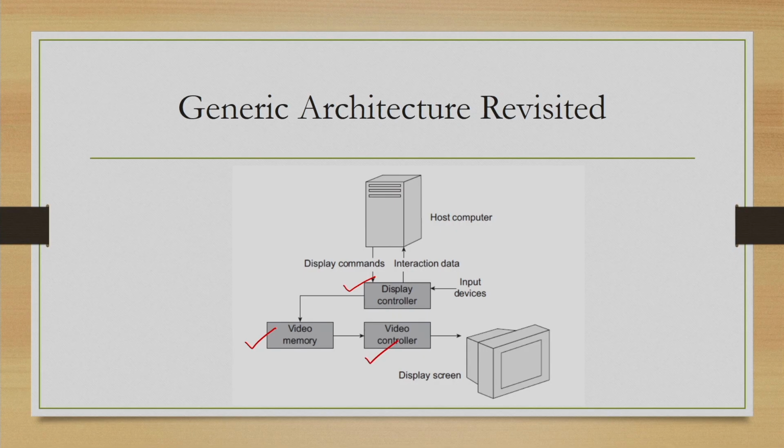What does the display controller do? It takes input from the host computer as well as from some external input devices which are used to perform interactive graphics, and based on that input it creates a digital representation of a 2D image. That is the job of the display controller.